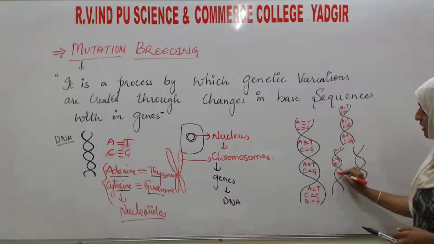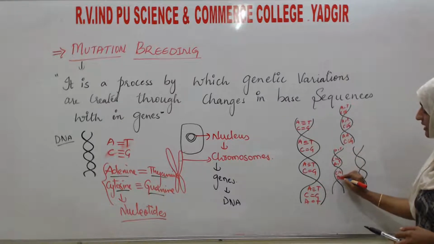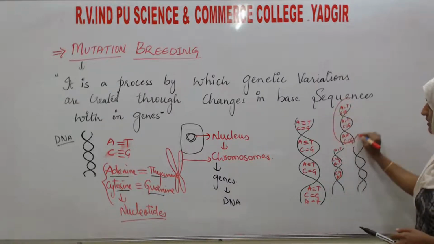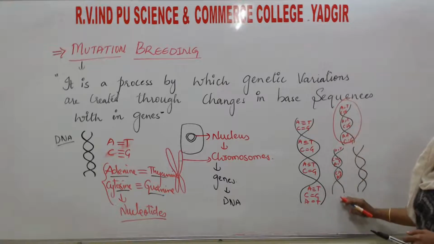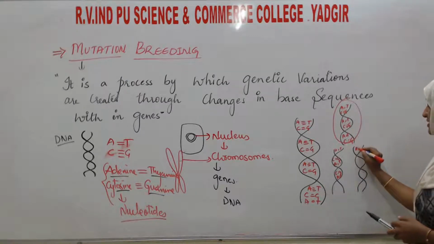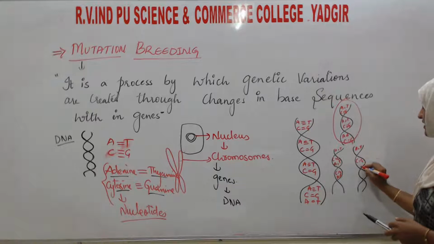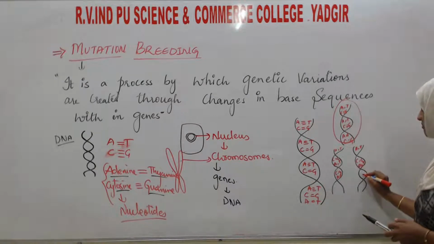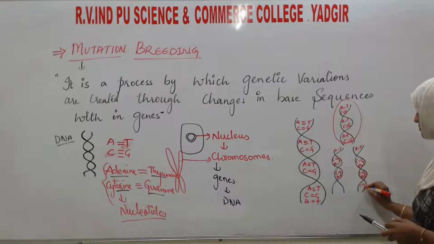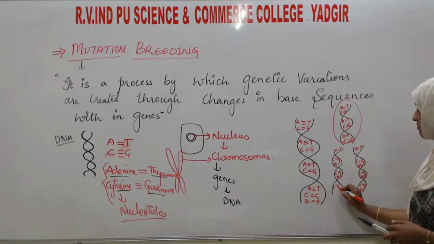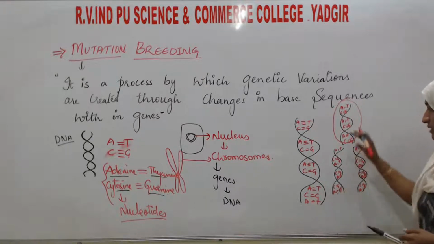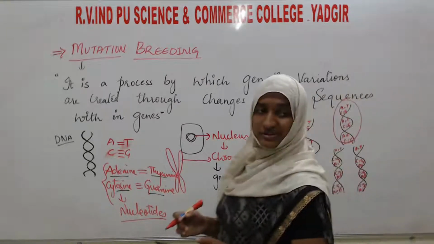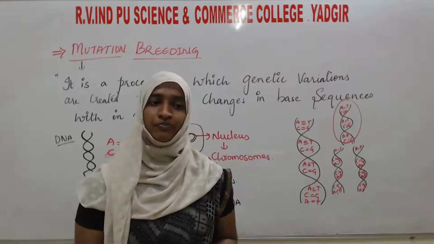The base pairs also duplicate as in the original DNA. This is the original one, and this is the daughter DNA or the duplicated DNA. In this way their base sequences or base pairs are also duplicated.